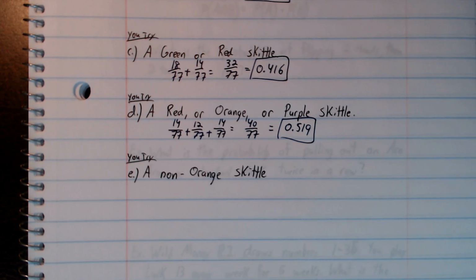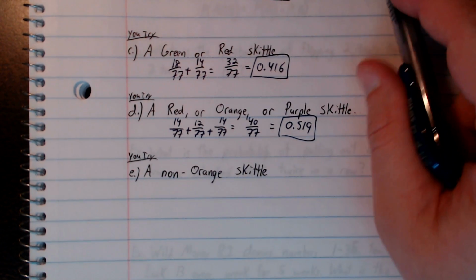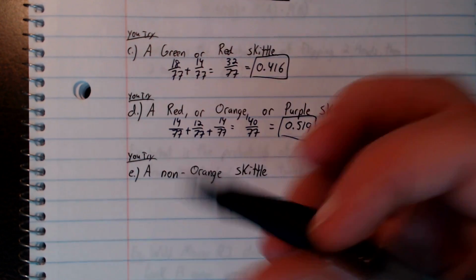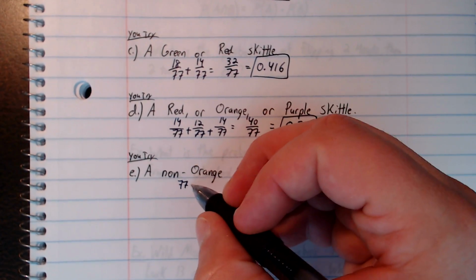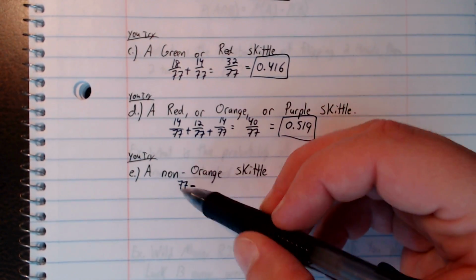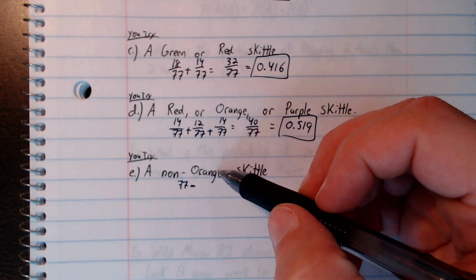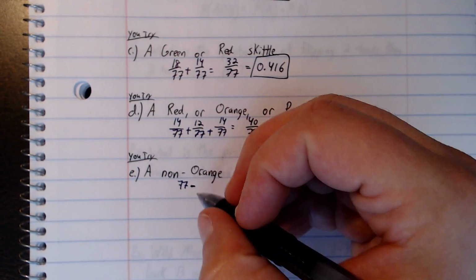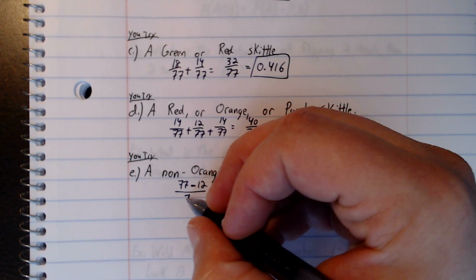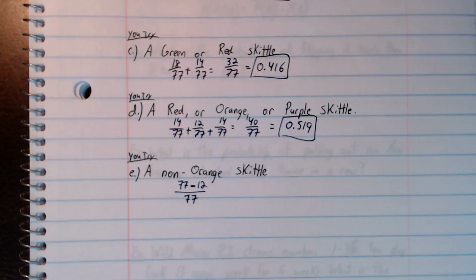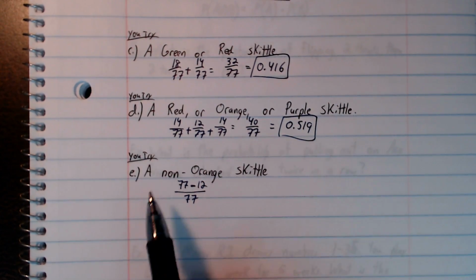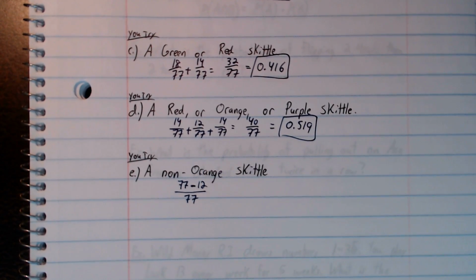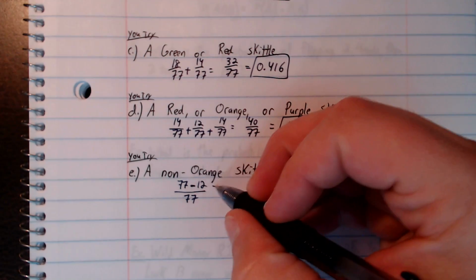And then finally, a non-orange Skittle. Well, all the Skittles total are 77. And non-orange would be all of them minus the orange ones, which there are 12. So that's a shortcut. Instead of adding them all together, you can subtract the ones that you don't want. So 77 minus 12 is 65.